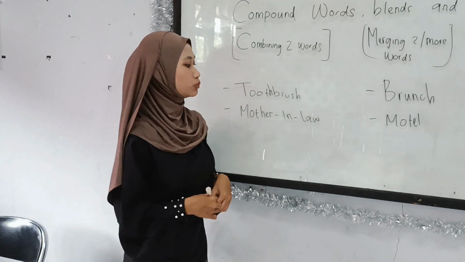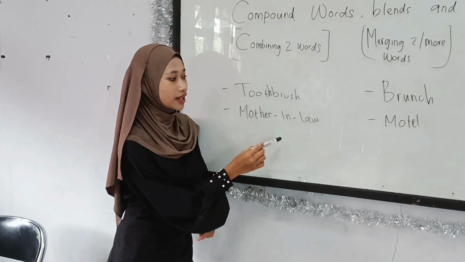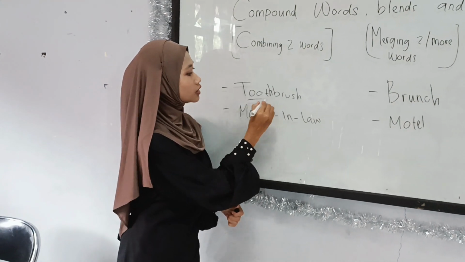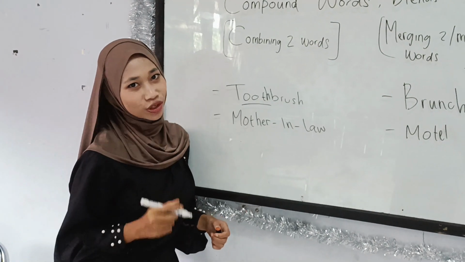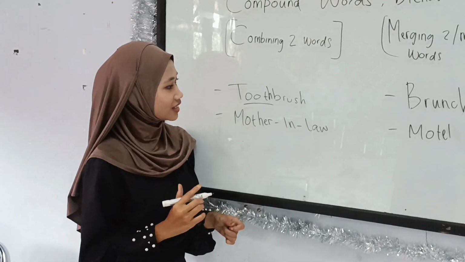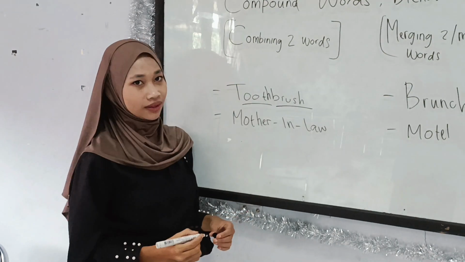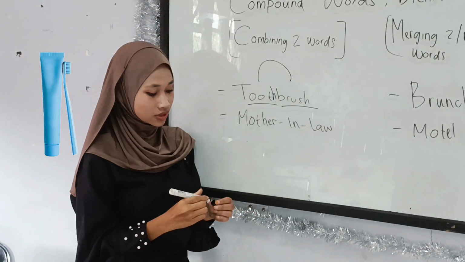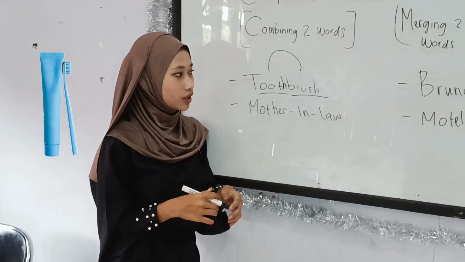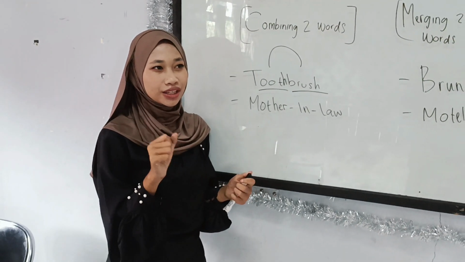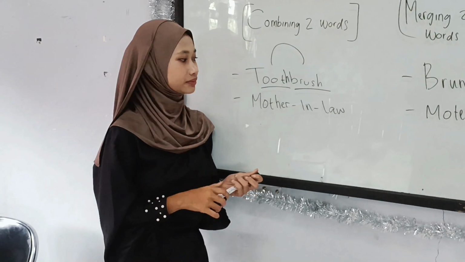The first one is toothbrush, and the second is mother-in-law. Tooth is in your mouth, something white, your tooth or teeth, and brush, right? When these two come together, it becomes a new meaning: toothbrush, something that you use to brush your teeth.